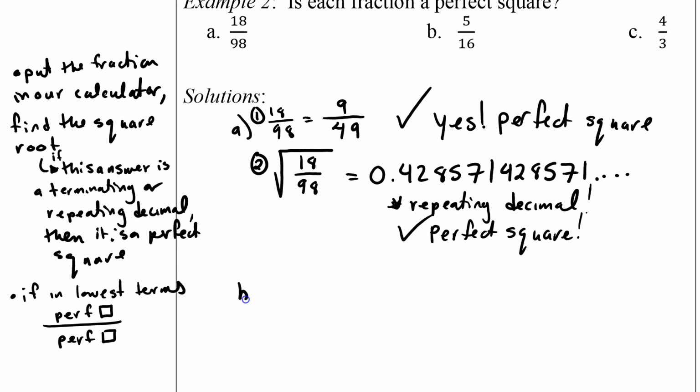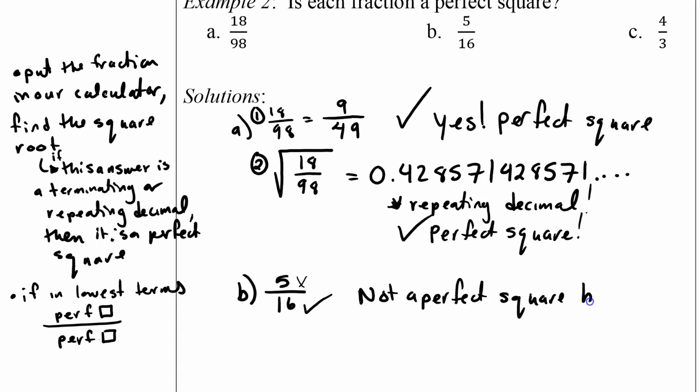So for question B, we have 5 over 16. If we use the second method, if in lowest terms we have a perfect square over a perfect square, 16 is definitely a perfect square. 5, though, is not a perfect square. So this whole fraction is not a perfect square because 5 is not a perfect square.